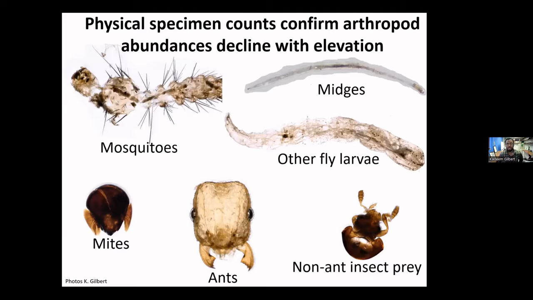So to go through these results, I'll say first that a physical count of specimens confirmed what we expect with arthropods, a lower count of all of these different types of arthropods as you go up with elevation, as we see time and time again in other studies.